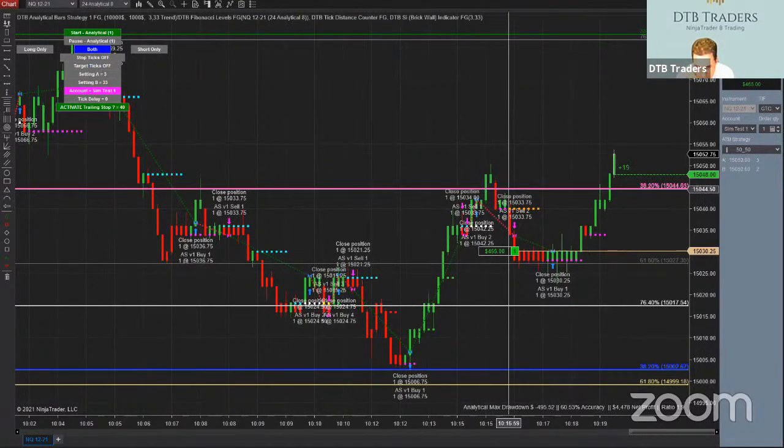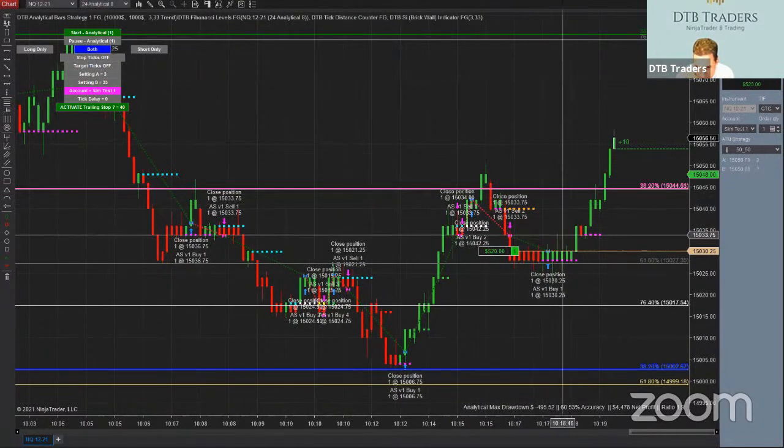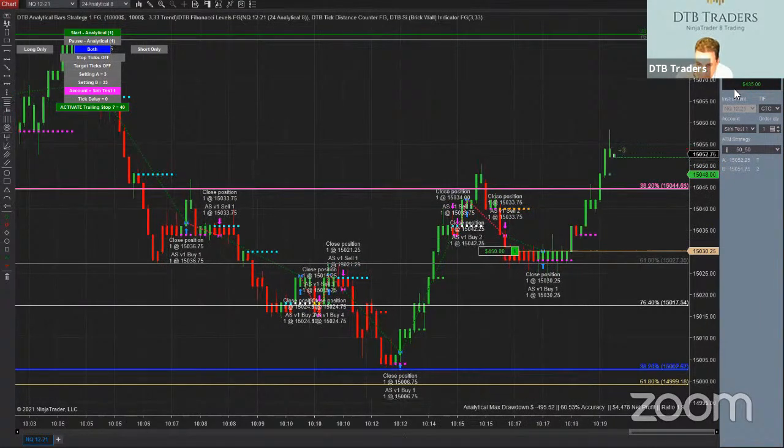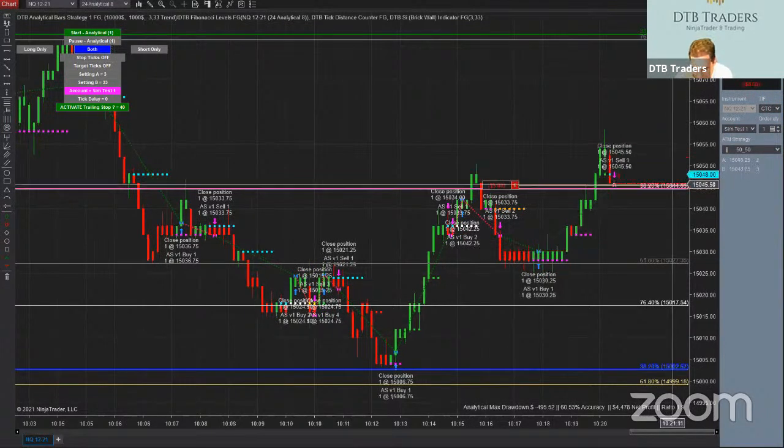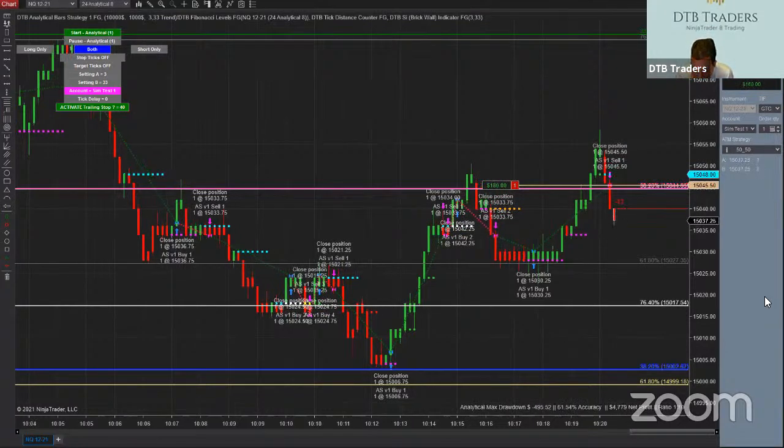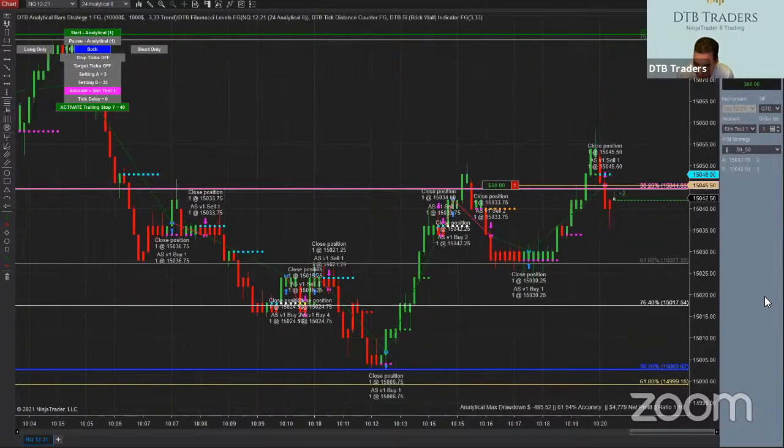So it broke through earlier, came up, and now look, it's smashed through because there's literally nothing stopping it. It's probably going to come back and retest that level just to say, I got you, and then more than likely bounce up. But let's just see how that goes. The strategy is still performing beautifully.